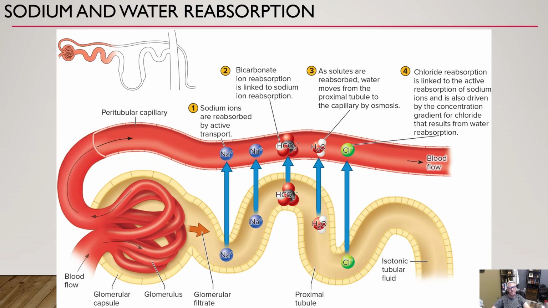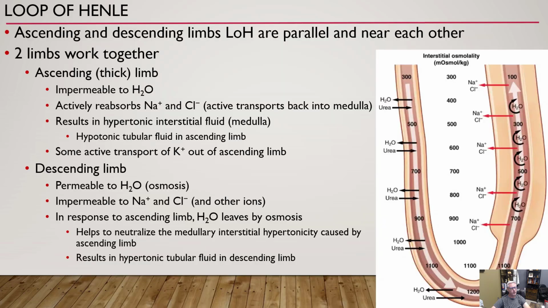All right, so here you can see how we have the sodium and water reabsorption, and that our chloride is our secondary active transport. All right, so the loop of Henle. This is kind of confusing only because it kind of works backwards.